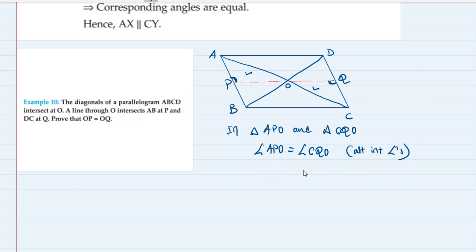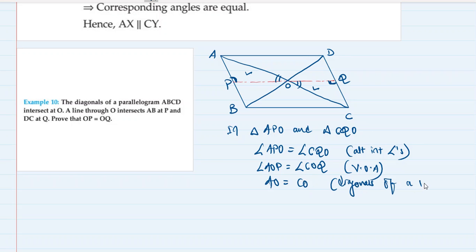Then angle AOP is equal to angle COQ, vertically opposite angles. And AO is equal to CO. Why? Diagonals of a parallelogram bisect each other.